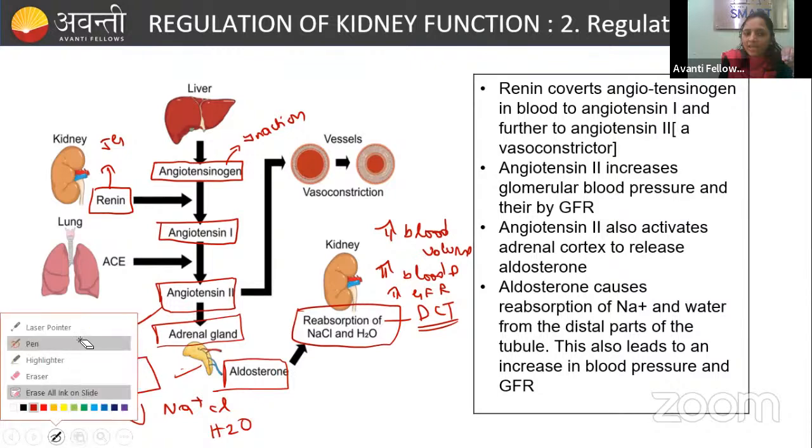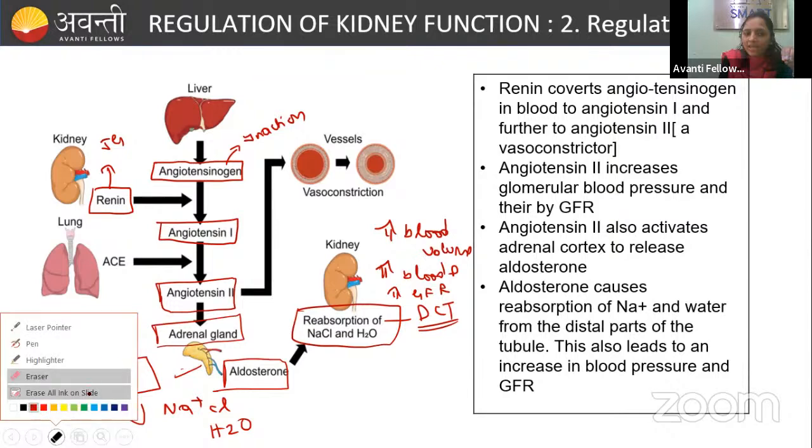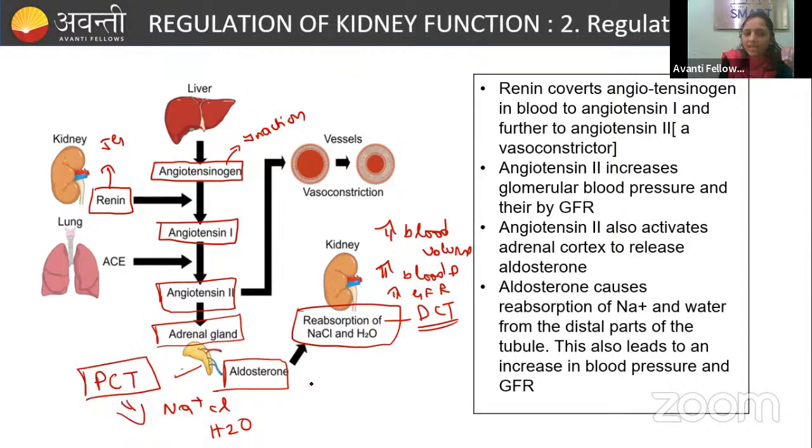Due to this RAS mechanism, the ADH is also going to be activated. Okay, fine. Remember this, guys. And in the proximal convoluted tubule also, the sodium chloride and water reabsorption takes place.